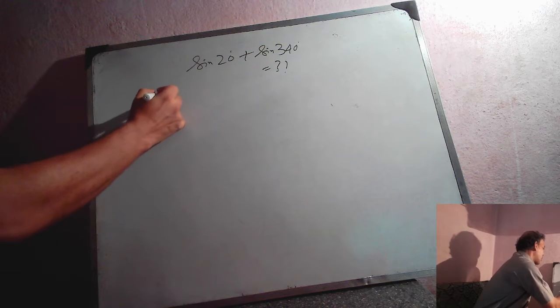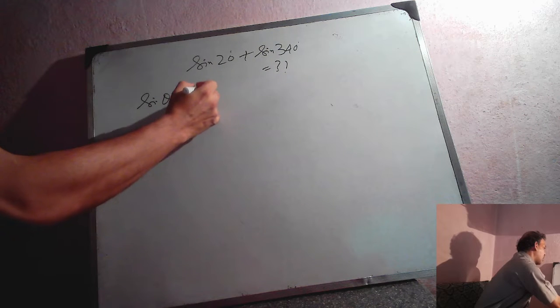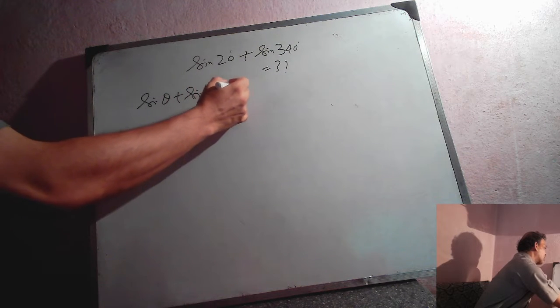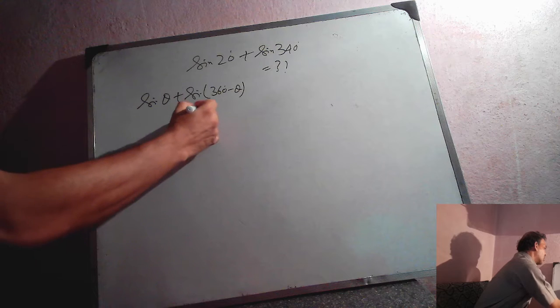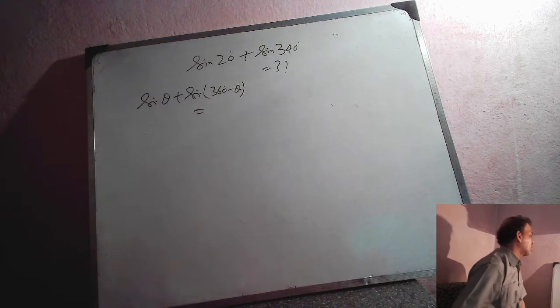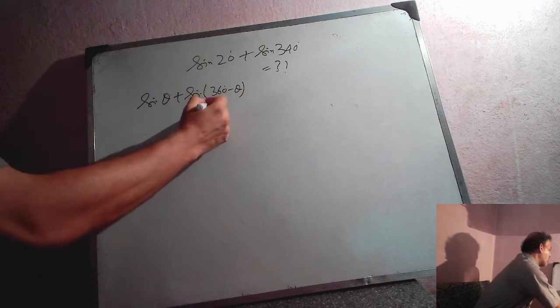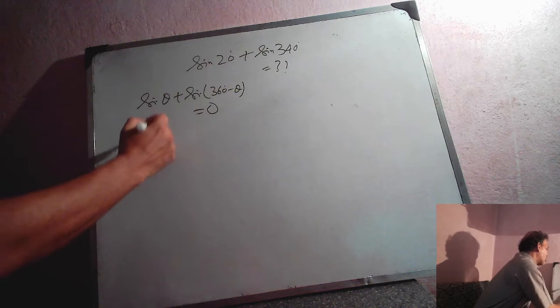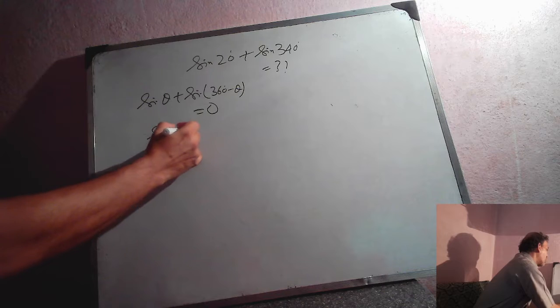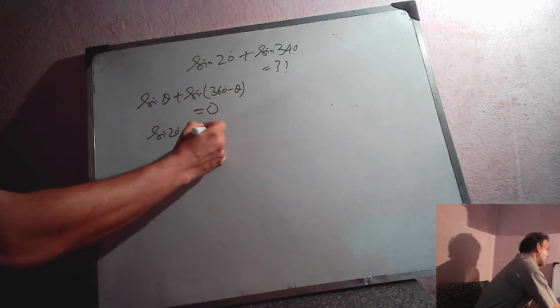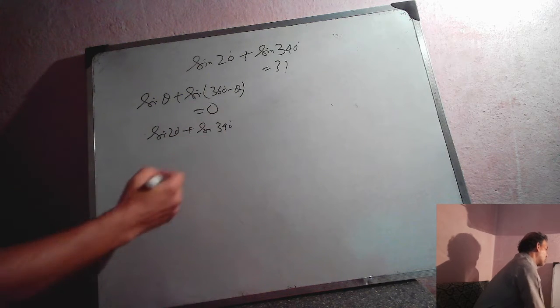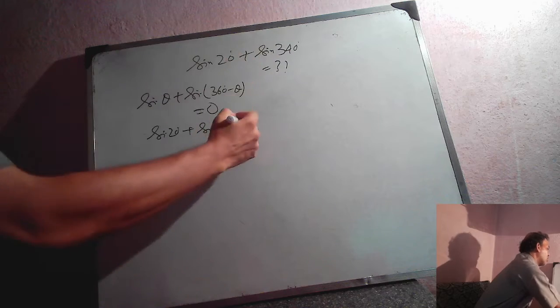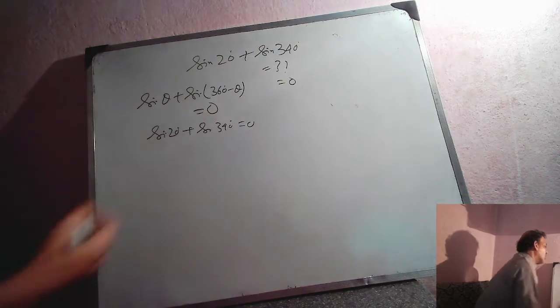Remember, sin theta + sin (360 - theta) is always 0. If we put theta equals 20, 360 - 20 is 340. By this formula, this will be 0. So the value of it is 0.